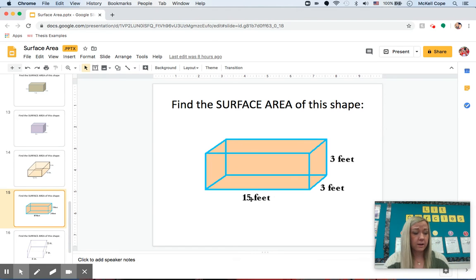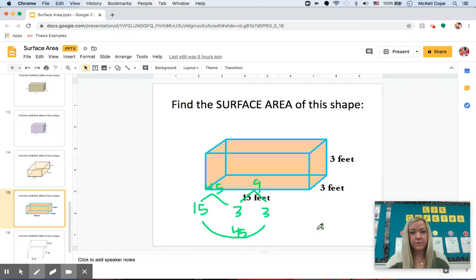So again, we have 15 and then we have two 3s. So I'm going to put all three of these numbers, 15, 3, and 3, and I'm going to use my smiley face method. Smiley face, there's the two eyes, and here's the mouth. I'm going to multiply these two together. 15 times 3, that's 45. 3 times 3 is 9, and 15 times 3 again is 45.